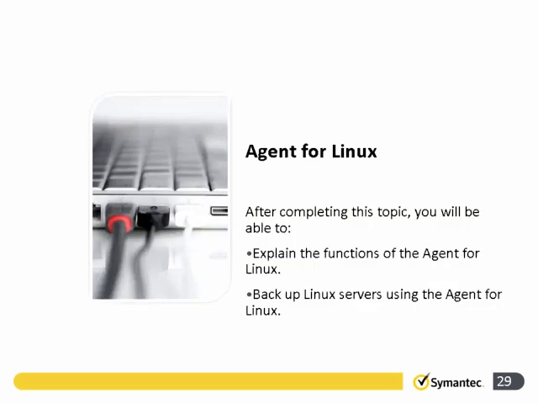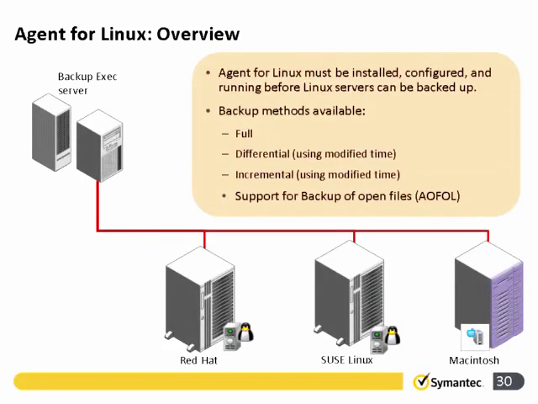The agent for Linux allows me to back up Linux machines using very similar functionality to the agent for Windows. You see here the versions of Linux we support. There's a longer list in just a moment. The agent for Linux has to be installed and configured. In the case of Linux, it's a daemon that runs. You can back up using a full backup.